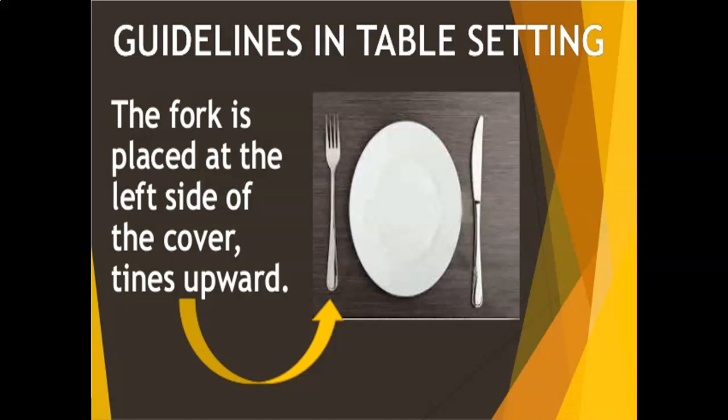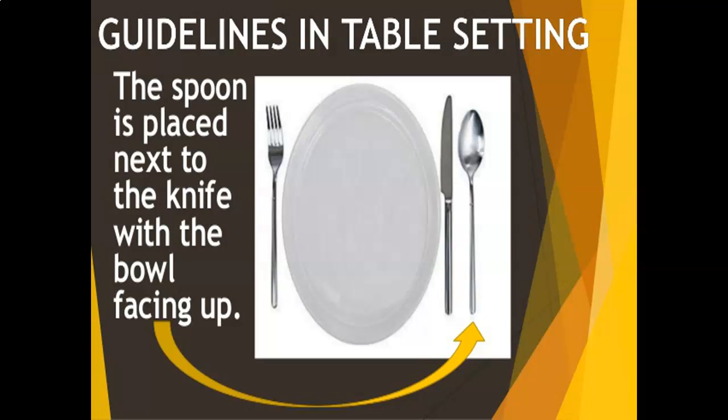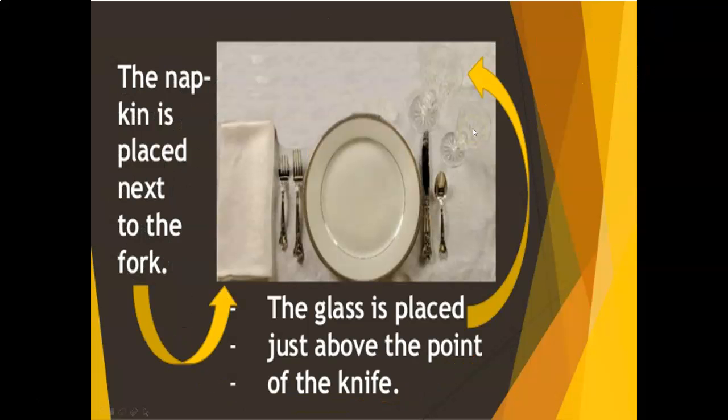Remember, tines up. The spoon is placed next to the knife with the bowl facing up. The napkin is placed next to the fork. Then the glass is placed just above the point of the knife. It could be water or wine or champagne.